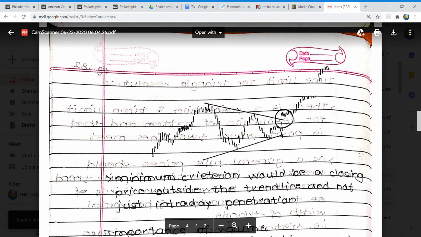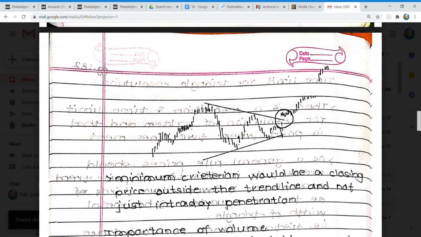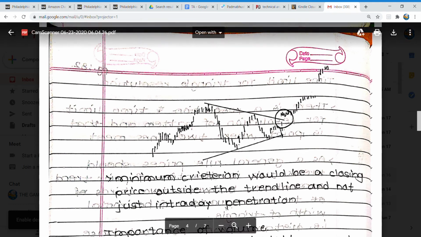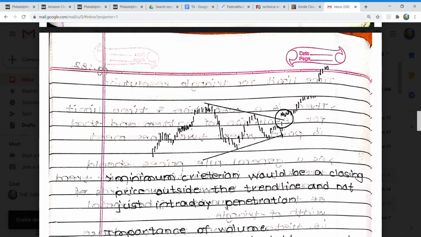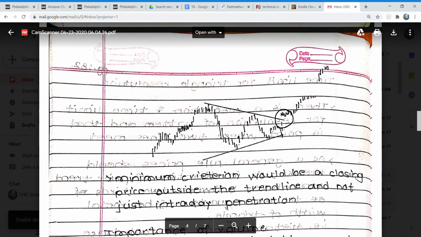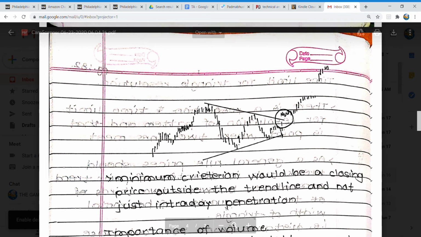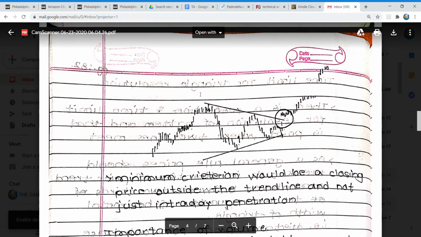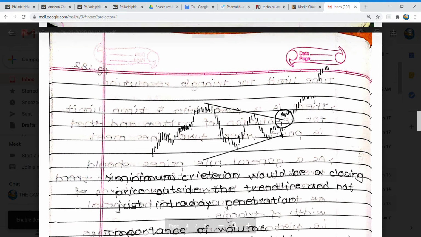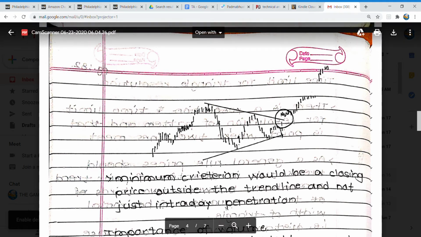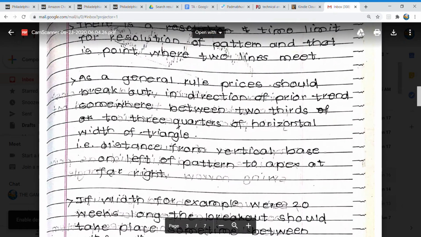So these two lines are joining each other at this apex. Let's see in another figure.